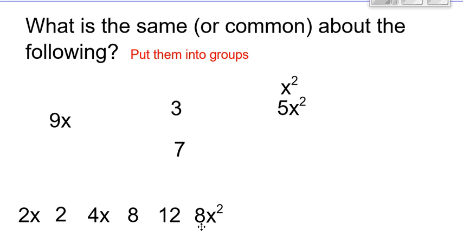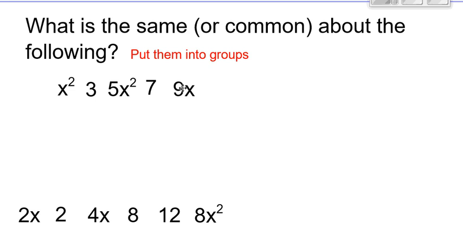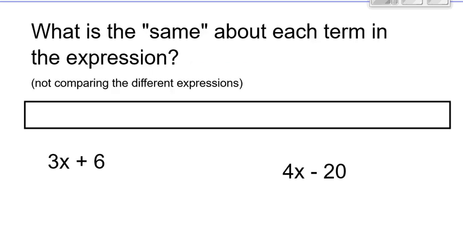And then I also have 1, 3, 5, 7, and 9. Now we're just looking at odd numbers here. Again, the variable doesn't matter so much here. All we're doing is looking at that number itself, the coefficient. This is getting us ready for the idea of something being the same or common. Now we're looking at what is the same about each term in the expression, not comparing the different expressions, okay?